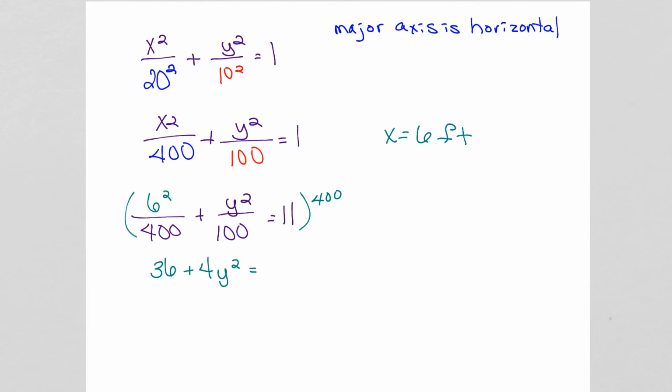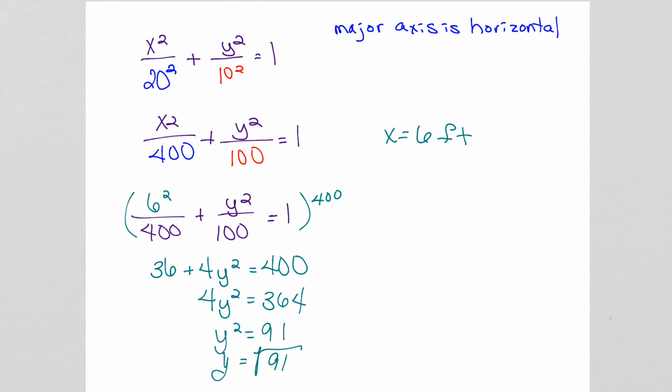And 1 times 400 is 400. Solve for y. So we got 4y squared equals 364. y squared is 91. So y is the square root of 91, or we'll go with 9.54.